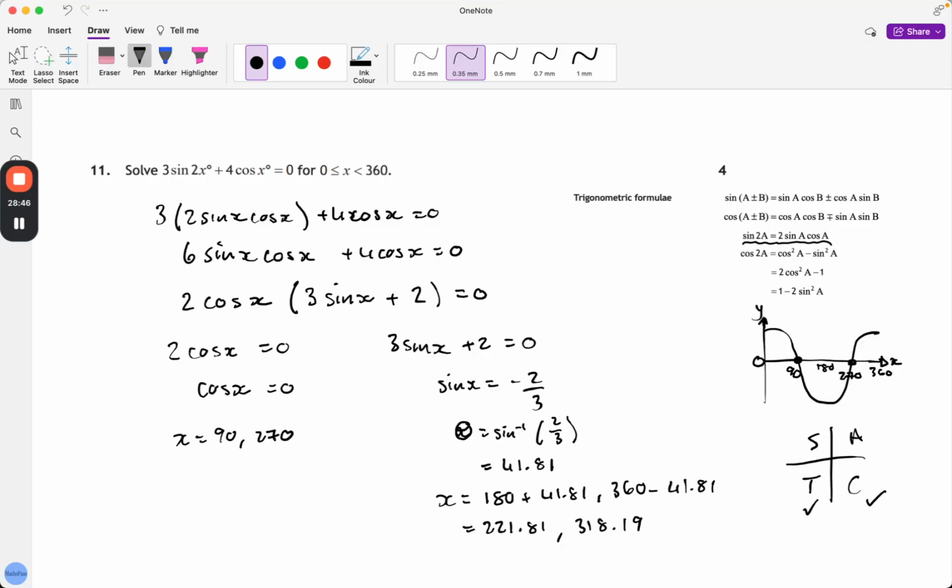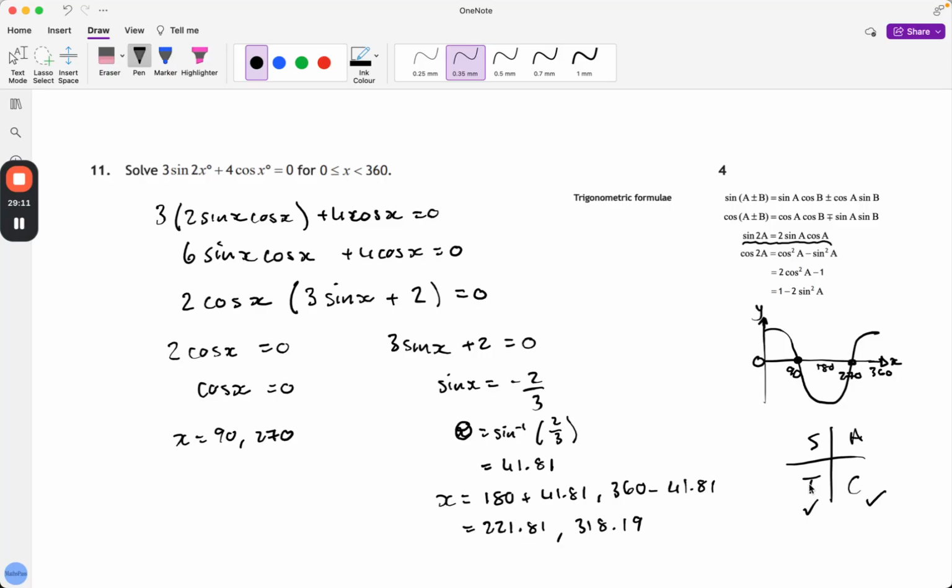Also keep in mind that if you want to do sine inverse of your minus 2/3, then you still have to get the second value, and you're going to have to do that from your CAST diagram anyway. And so that's why I would recommend taking sine inverse of the positive fraction and then tick the ones that are positive instead of negative.